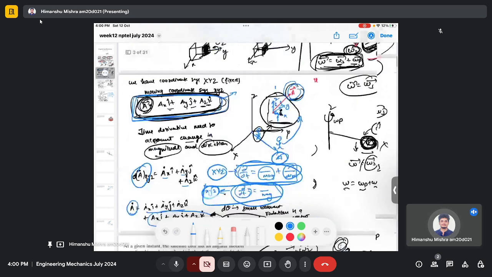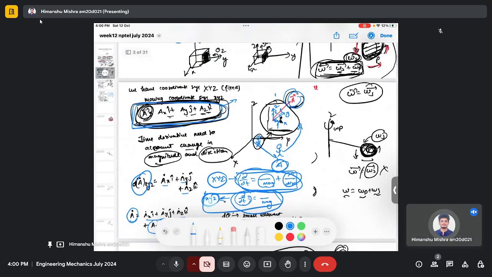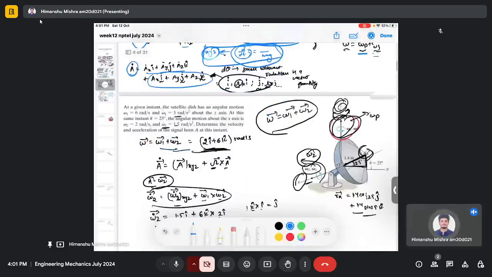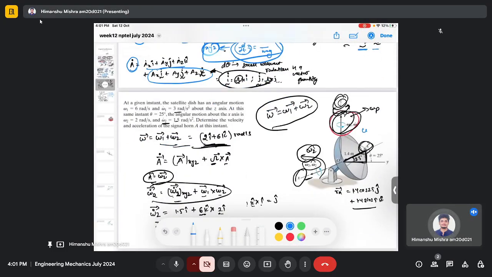And we saw in the example that the resultant spin of this disk is not just omega s when another angular motion component is present. It's actually omega p plus omega s. This is a similar problem. So here we are given omega 1 and omega 2. So the resultant motion of the satellite is not just omega 2, it is actually omega 1 plus omega 2. And if you take the time derivative of this, you will get the angular acceleration.